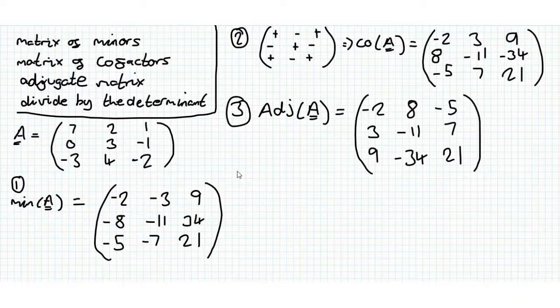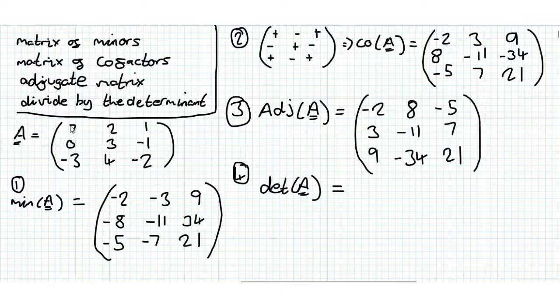The final steps are defined by the determinant, and that's the determinant of the original matrix. We will be doing a full video on determinants, but what you have to do is go according to this pattern.